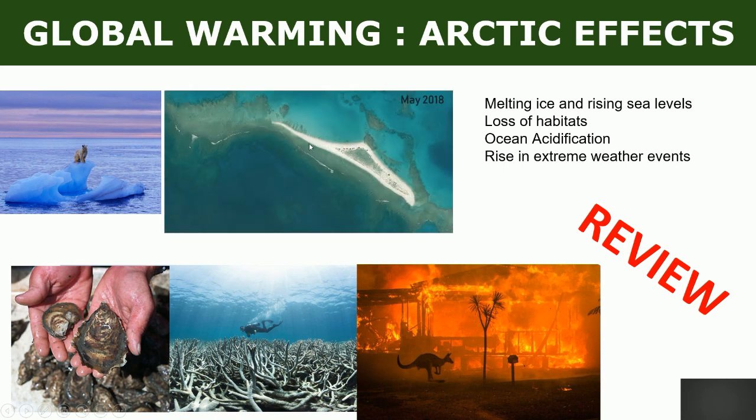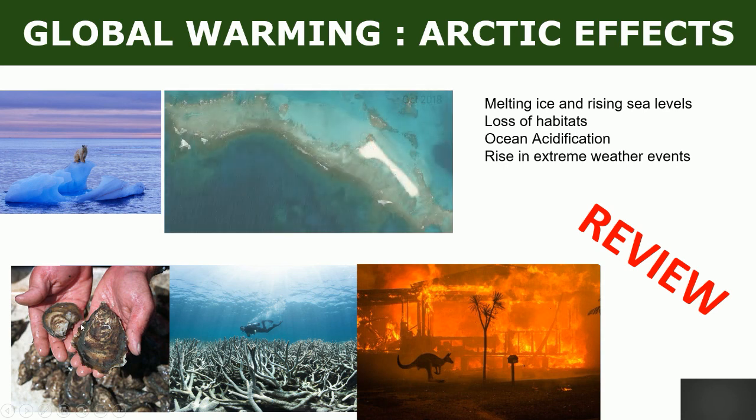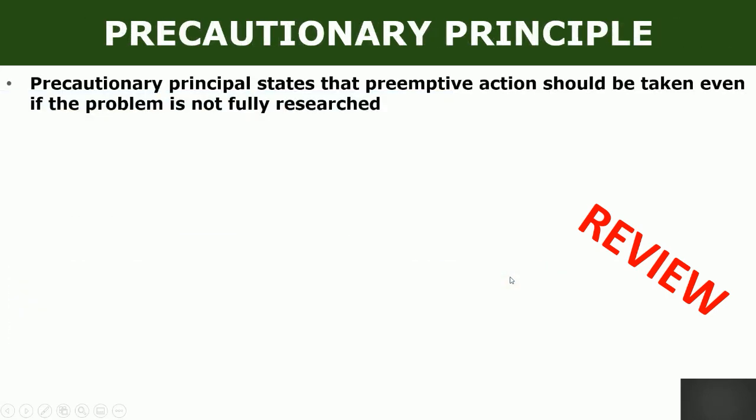We're losing complete islands here. We know that increased CO2 levels on their own are going to lower the pH, which is going to start dissolving those mollusks and killing them right out. And we have this rise in extreme weather events like the droughts or the hurricanes.